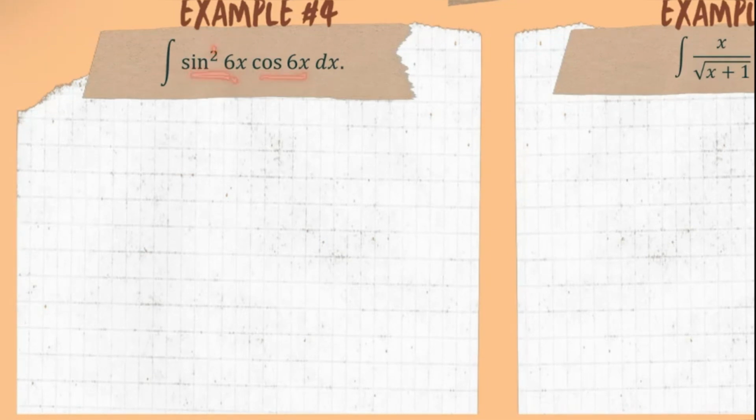Okay, dekat sini saya tak akan gunakan formula double angle pun dekat sin squared 6x ni. Sebab apa? Using substitution is much easier because if we differentiate sin of 6x, akan wujud cos of 6x. So kita boleh potong nanti.